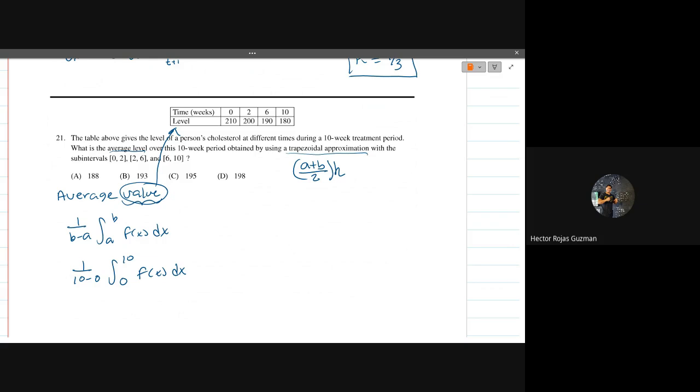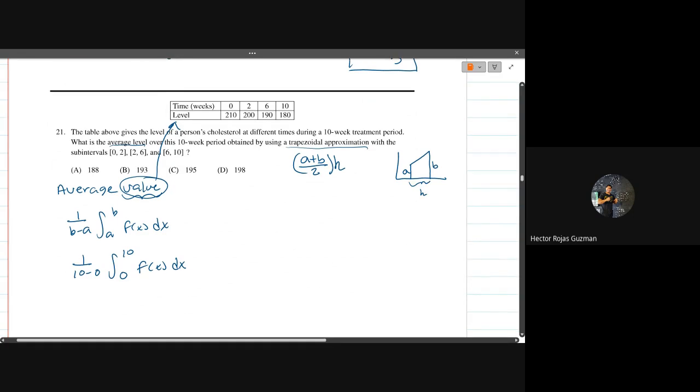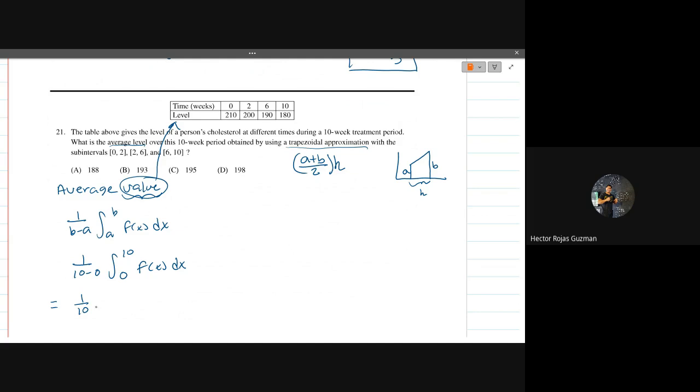But in this case, remember, usually our trapezoids are like slanted, right? Our trapezoids look like this, where this is a, that's b, and this is the height. So in other words, we're going to take our 1 over 10, and we're going to multiply times a bunch of little trapezoids.